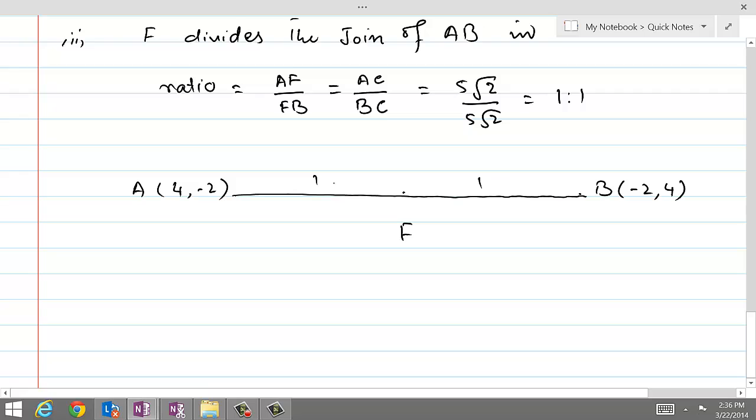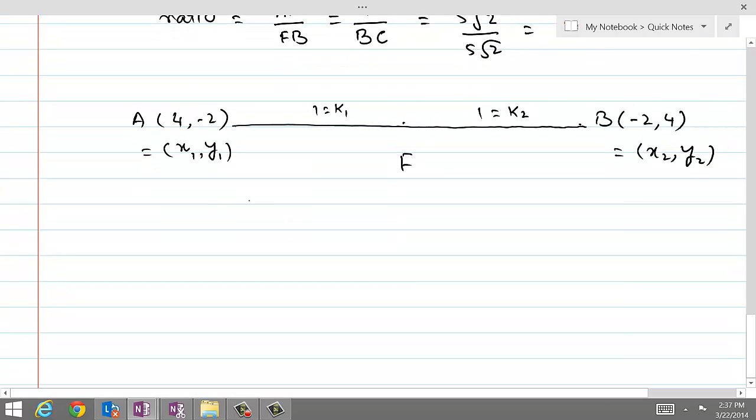Then this is equal to K1 and this is equal to K2. Let's call this X1, Y1, and this X2, Y2. And now we can find the coordinates of F.